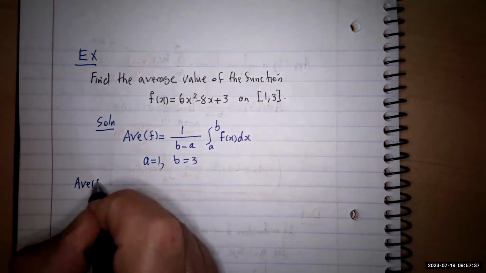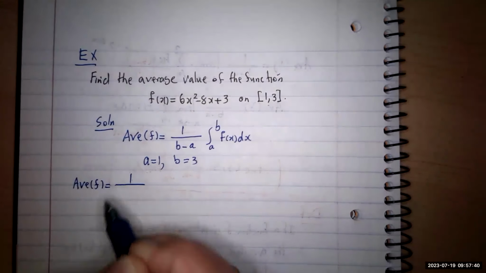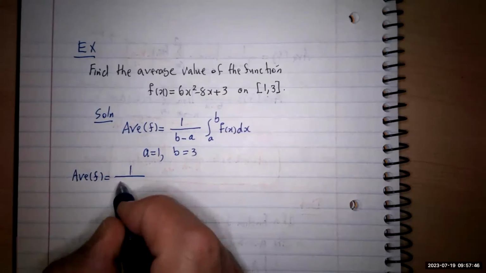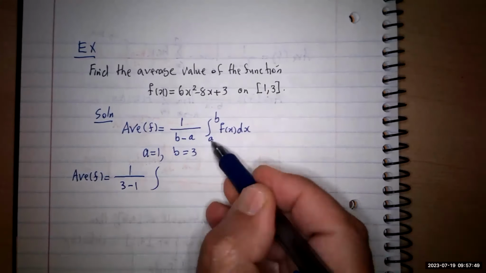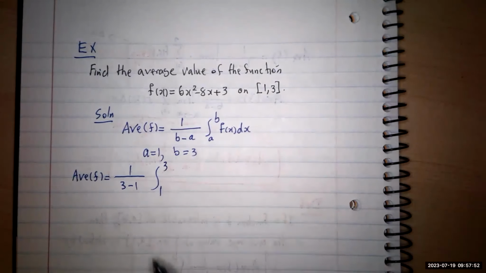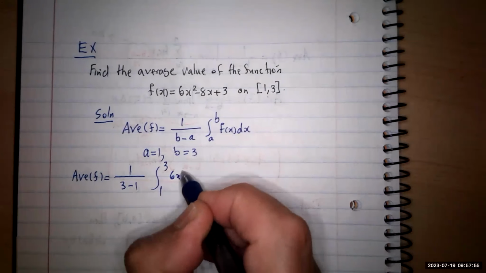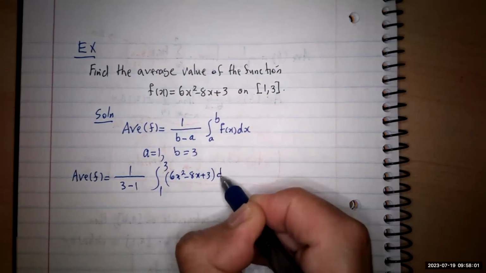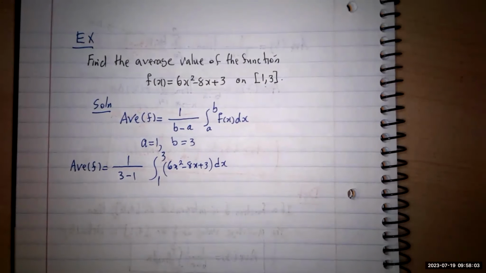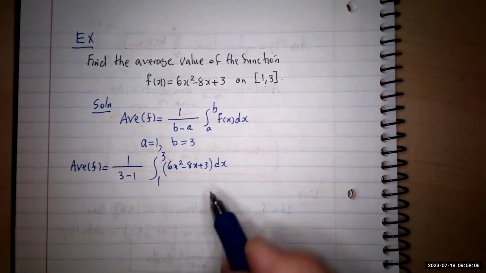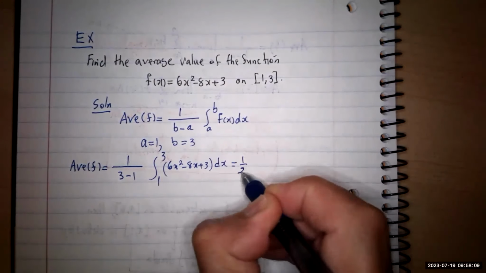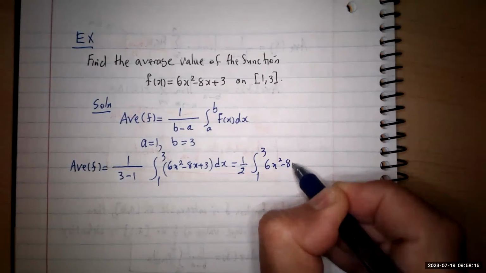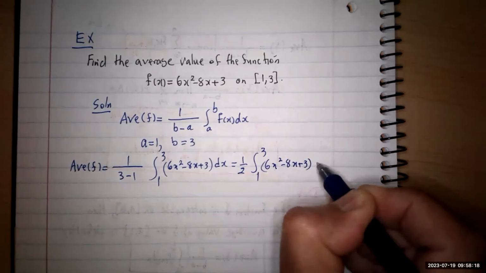Average value of f is equal to 1 over b minus a, 3 minus 1, integral from 1 to 3 of the function 6x squared minus 8x plus 3 all dx. 3 minus 1 would be 2, so that gives you 1/2 integral from 1 to 3, 6x squared minus 8x plus 3 all dx.